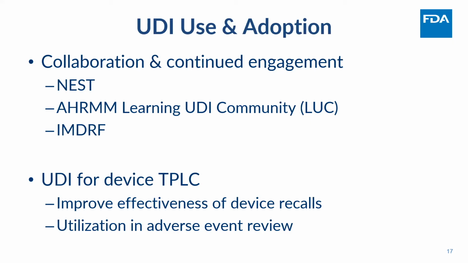The Learning UDI Community has been super active since the beginning days of the UDI program when CDRH started, and a lot of progress has been made. The catalog number work group that the LUC held recommended that the catalog number be an optional data element, but because UDI was still being implemented at that time, catalog numbers were essential for hospital systems to take advantage of the GUDID, because that's how transactions were still taking place.